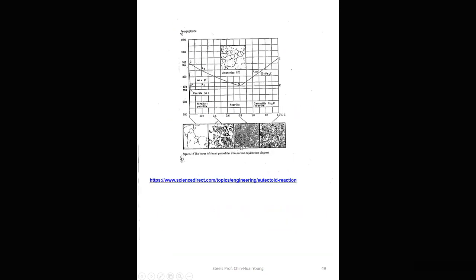Okay, you may look here, 0.8, looks like this. 0.4, some perlite and some ferrite, full perlite, ferrite and perlite, and 0% only ferrite. High strength and medium strength, very low strength.